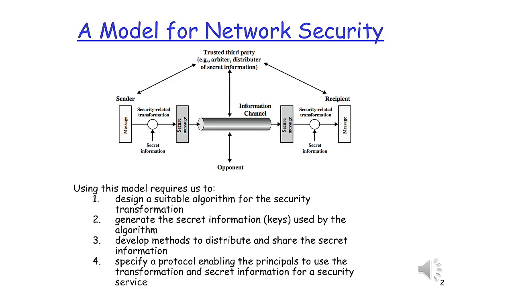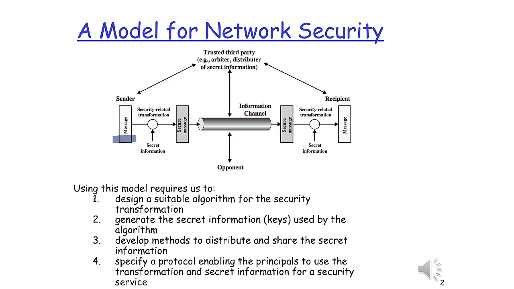So what can Bob and Alice do? Well, obviously, we have the initial clear text message, and that's this element that we see right here from Alice sending to Bob. So sender is Alice, recipient is Bob. The security-related transformation process is encryption, 99 times out of 100.